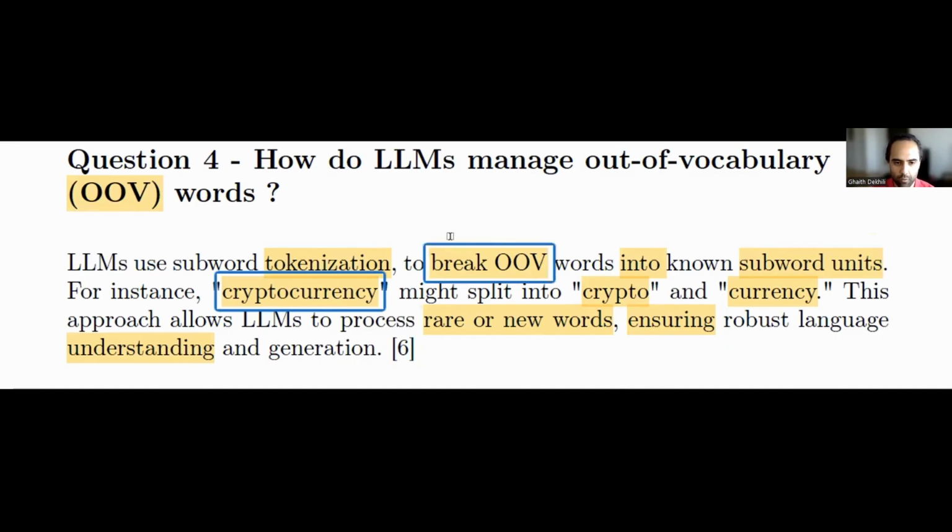So let's say that our word here is cryptocurrency, and as it's not part of our vocabulary, for example, it's called OOV, meaning out of vocabulary word. That's why when processing this word, LLMs might split it into two subwords, crypto and currency, which are actually part of our vocabulary.